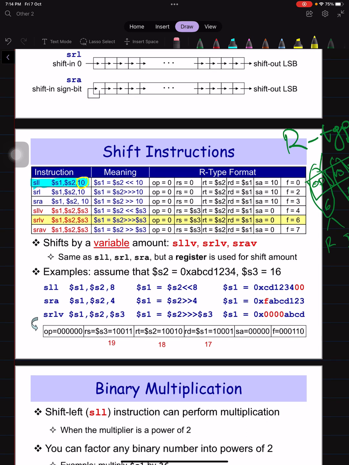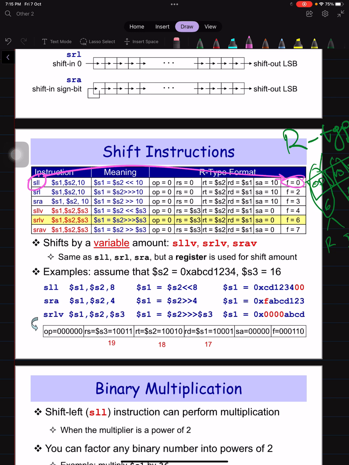But in general, what you have to get from here is that shift left will have a function of 0. So if you want to use SLL you need to put that as 0.